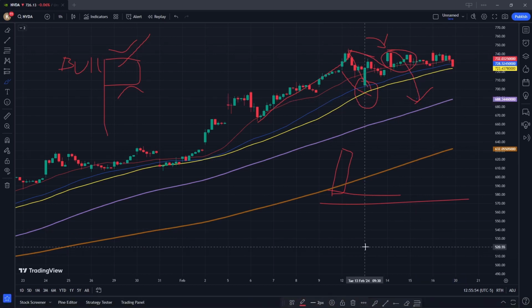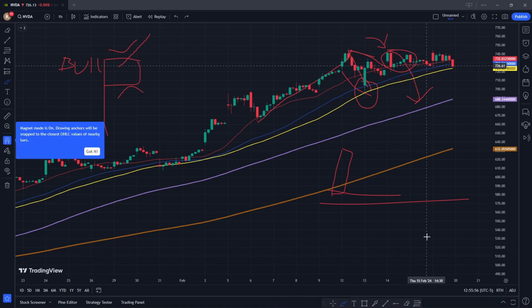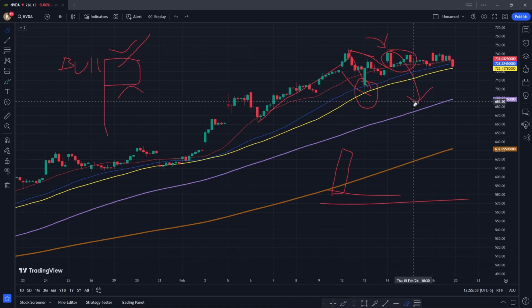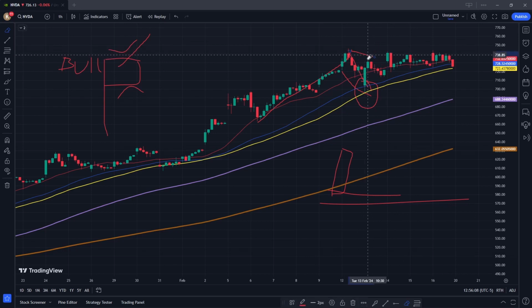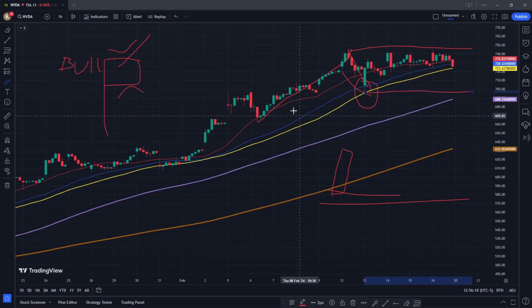If the price wasn't able to break out of the flagpole yet, but it still hasn't gone down, that means that the flagpole is still intact, meaning that this top flagpole level is not there anymore. It should really be traced like this. And this right here should be traced like this. So what you have now is really something that looks like this.